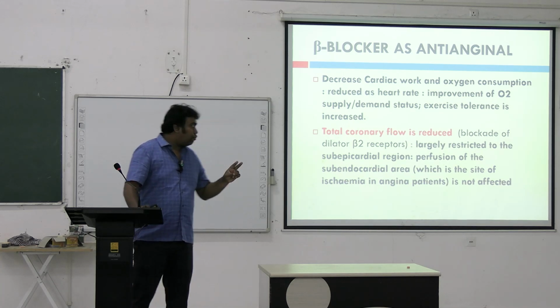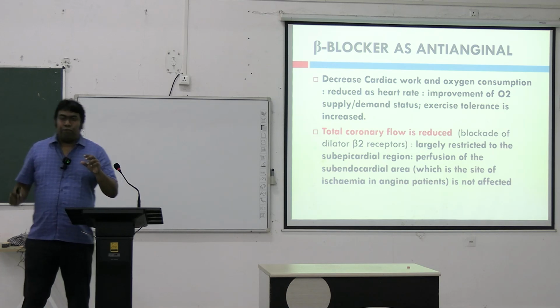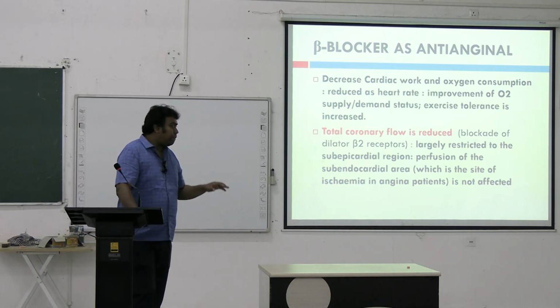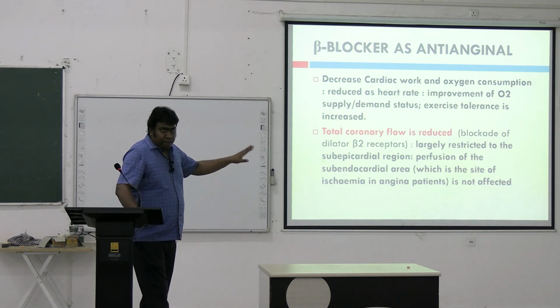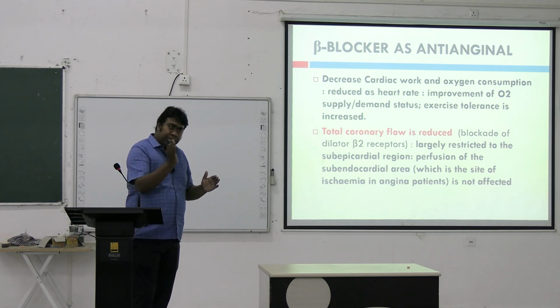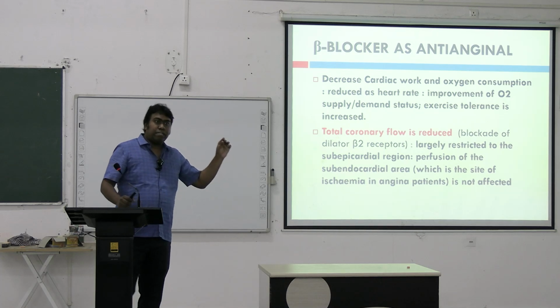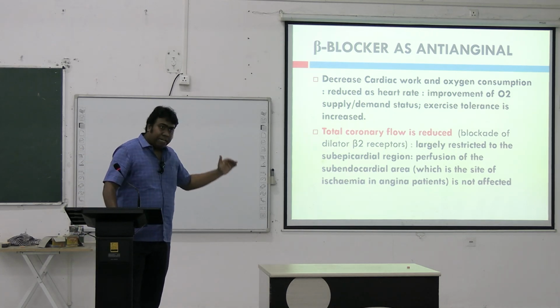Clear? Number 2, in angina, especially if you think about the beta 2 receptor, it is primarily present in the sub-epicardial region. What does that mean? There is the pericardium, epicardium, myocardium, endocardium. The area beneath the endocardium, the subendocardial region, has less blood flow. But beta 2 is much more present in the epicardium, the sub-epicardial region.